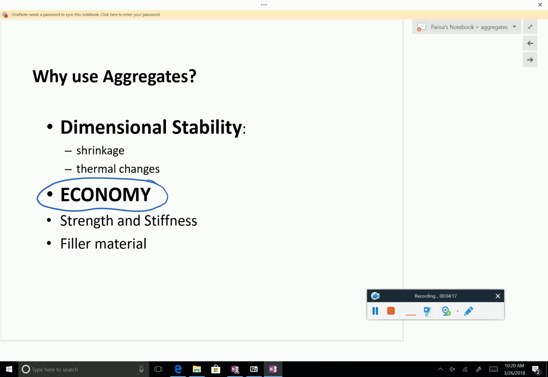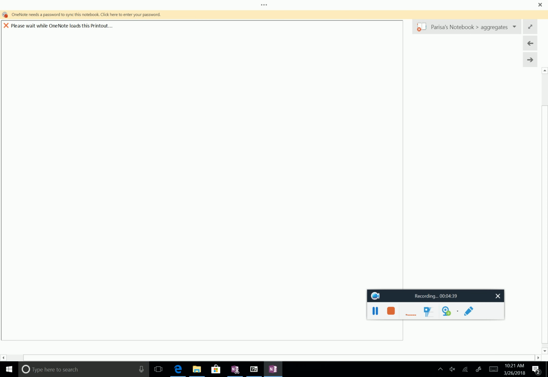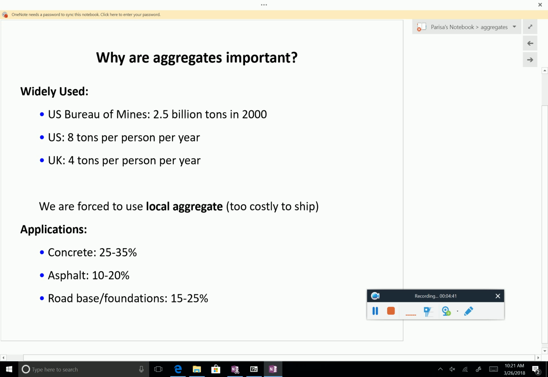And in different applications, the importance of each aspect becomes different. You will see. So economy is a very important aspect, and then we have stability, strength, and the others are less essential. So where do we get these aggregates and how do we use them?